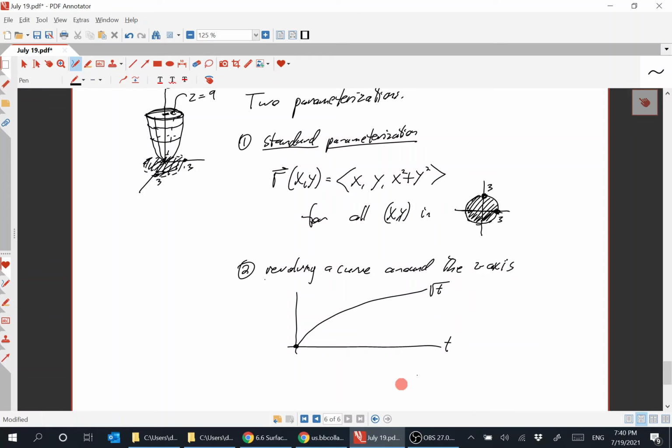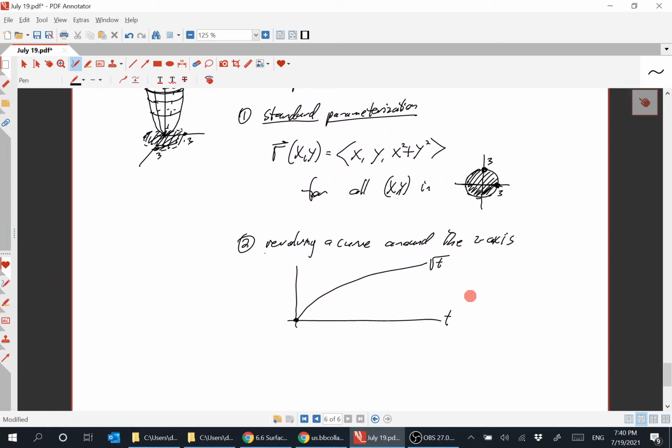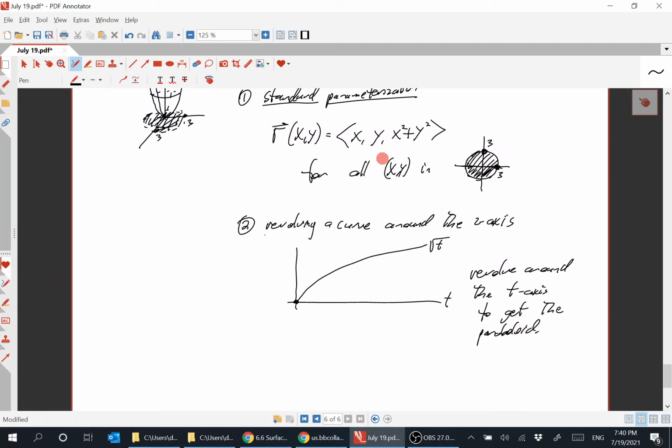So now if I revolve that around the t-axis, to get the paraboloid. Right, it's actually not t squared, it's square root of t.